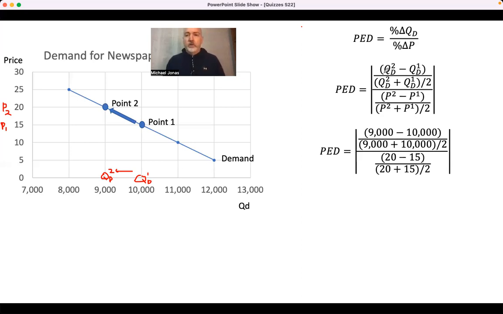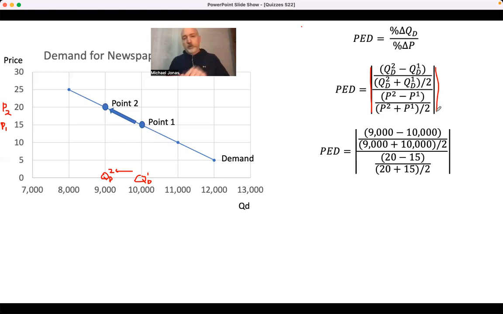Note also that by convention we put all of this in an absolute value operator. Even though the ratio is going to be a negative number, because when price goes up, quantity goes down, and vice versa, the sign of the numerator and denominator are always opposite. By convention, we report it as a positive number. That other complication is really not that complicated. It's basically saying, once we get our calculation, you can ignore that negative sign.